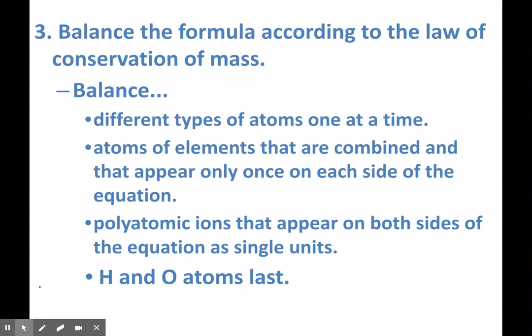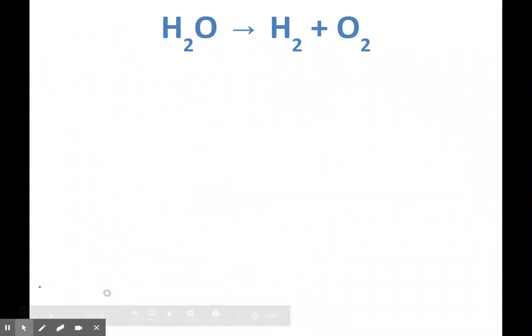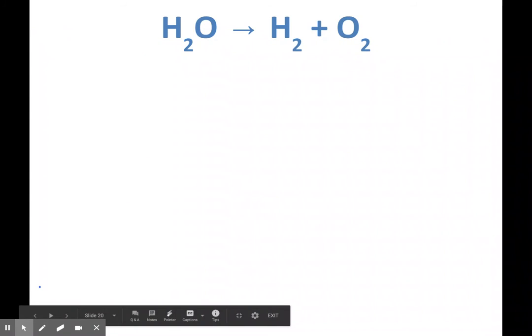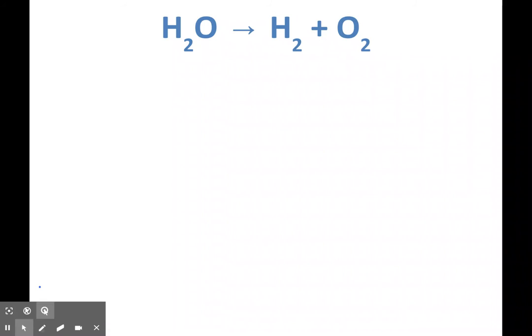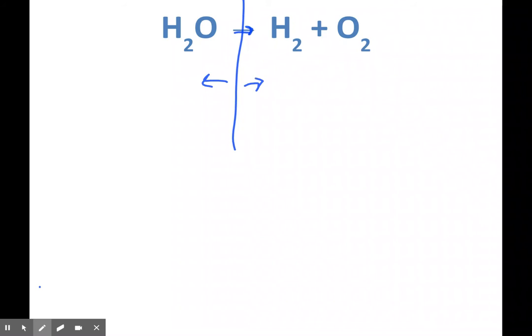I would also look at some of those substances like H and O that might be by themselves. So here, what I always do is I use my yields arrow as kind of my middle ground, because that is where you have to keep the balance. So on the reactant side and the product side, you have to have the same amount of each substance.